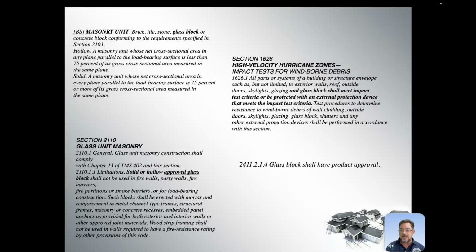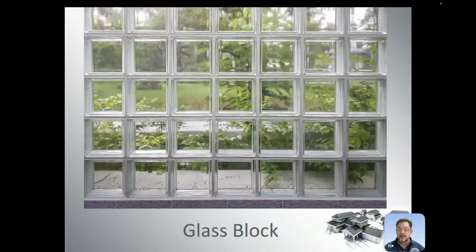This happens a lot of times. People talk about South Florida, Miami-Dade, Broward County, the high velocity hurricane zone. It has to have protection. That's the difference between that area and the other wind regions. Okay, this is glass block. Glass block is installed with mortar and reinforcement metal.